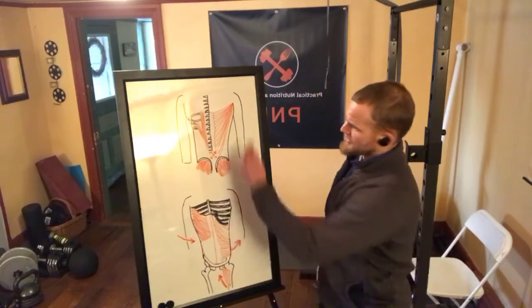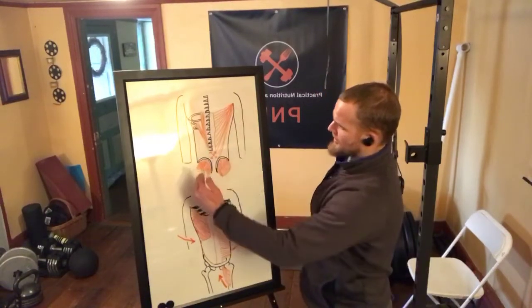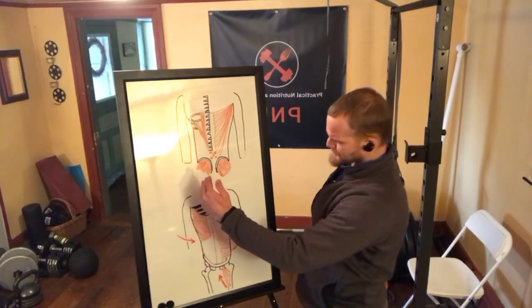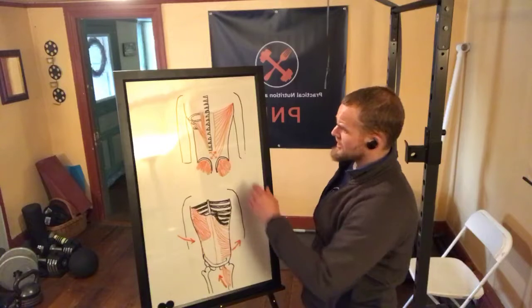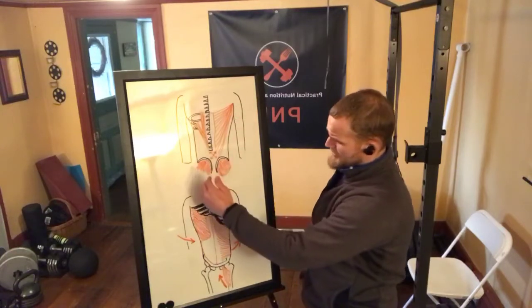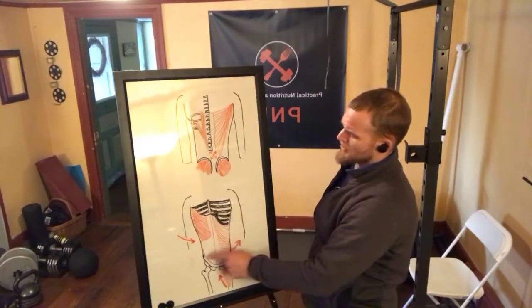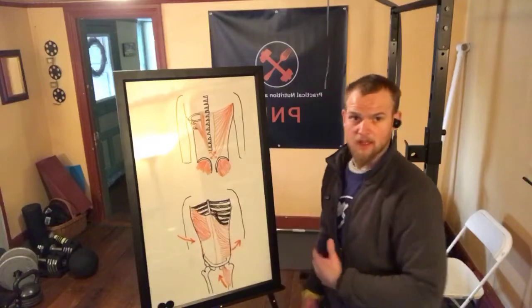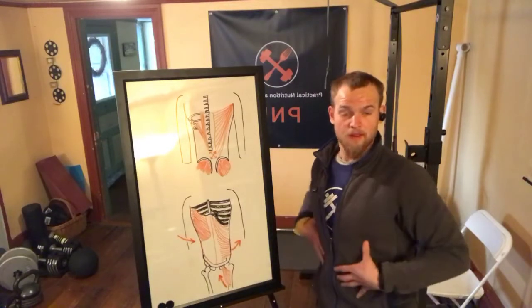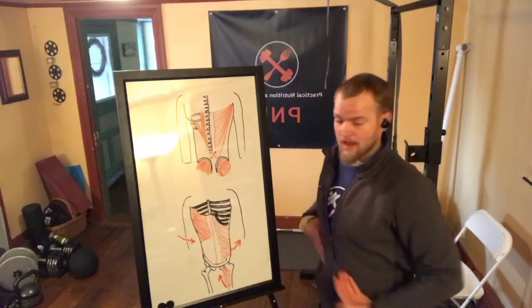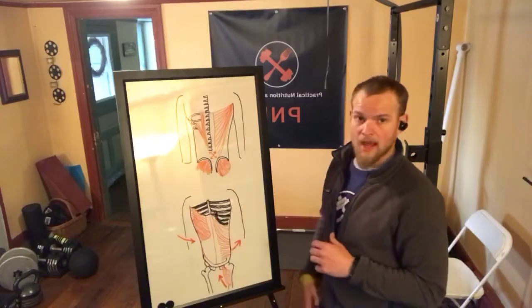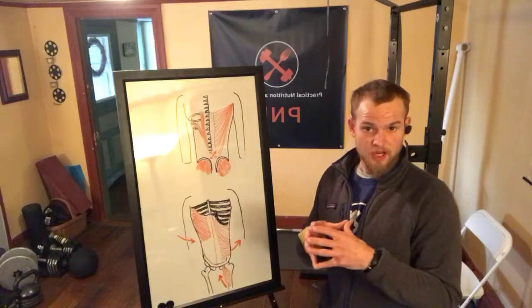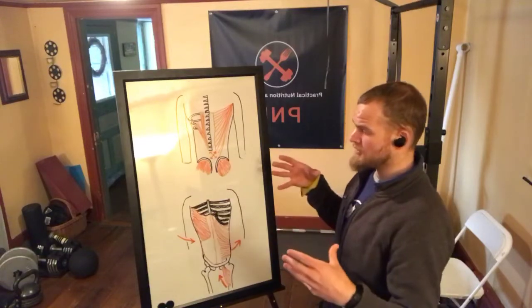So if this is contracting and this side's pulling back, then on the opposite side, so if this is left shoulder to right hip contracting, then right shoulder to left hip is going to be contracting and pulling in the front side, right? So anterior sling is going to work with the posterior sling, and they work with each other, but they also have to let each other do their job.